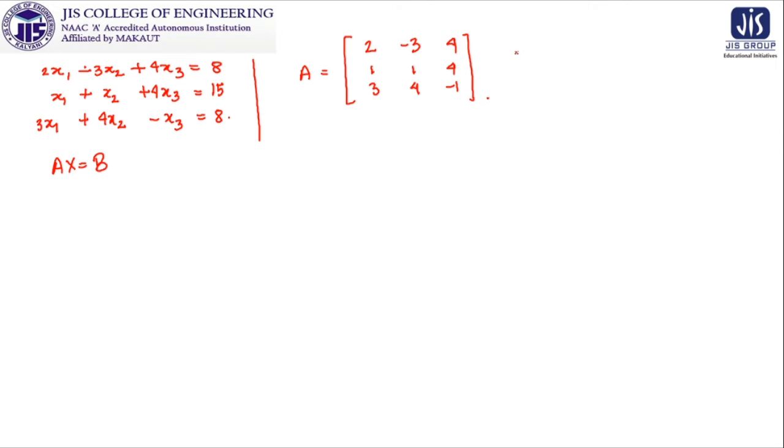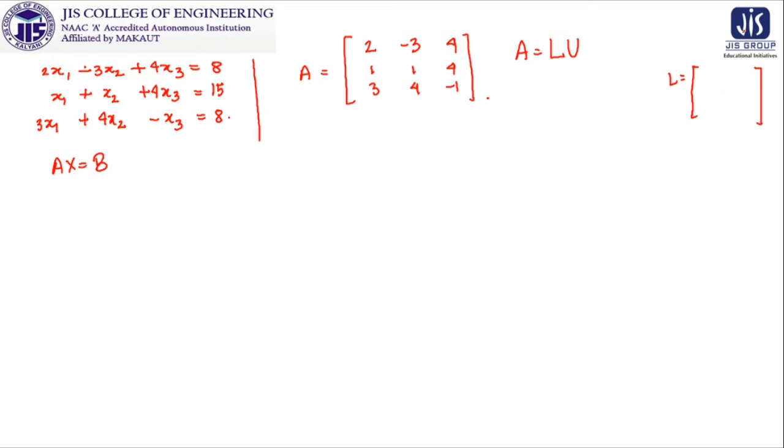And here my target is to factorize it as A equals LU, where for this particular problem I am assuming my L as, you know that we can take it in two ways, but here we are taking this L. You can obviously do the problem in a different manner.